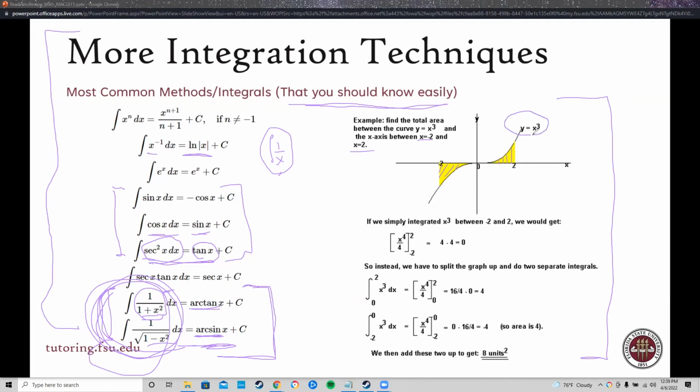This is our function f of x is equal to x cubed. So I'm taking the integral from -2 to 2 of x cubed dx. If I take this integral using the integration techniques, I know that this is going to be x to the 4th over 4.